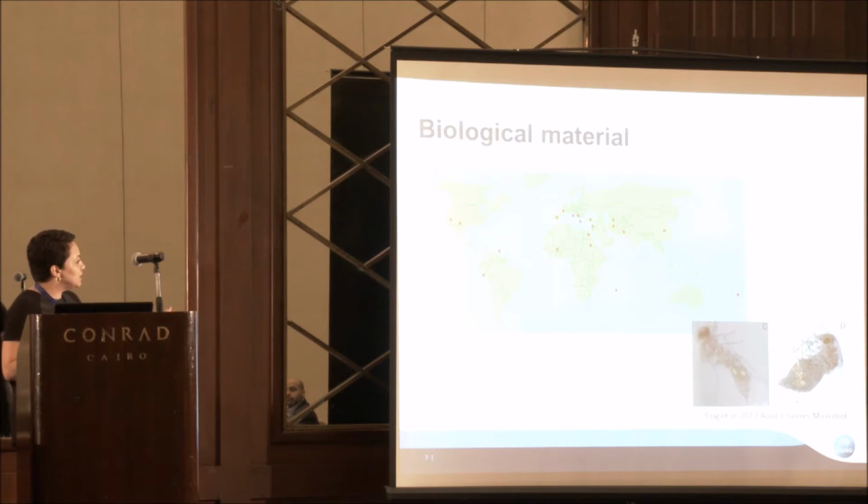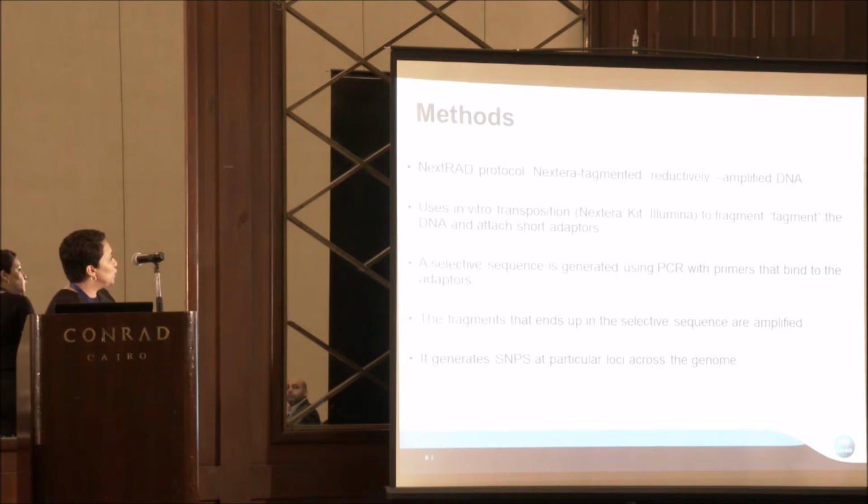So we did an extensive sampling all over the world. We traveled, we had collaborators sending us a lot of samples, and we used what we call in simple terms a reduced representation of the genome. So basically we take the genome, we cut it in pieces, and then we have a view of what's going on instead of taking one gene.